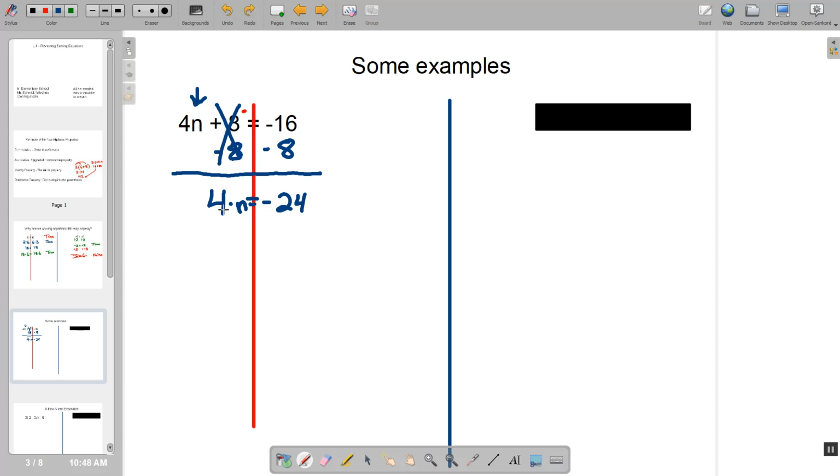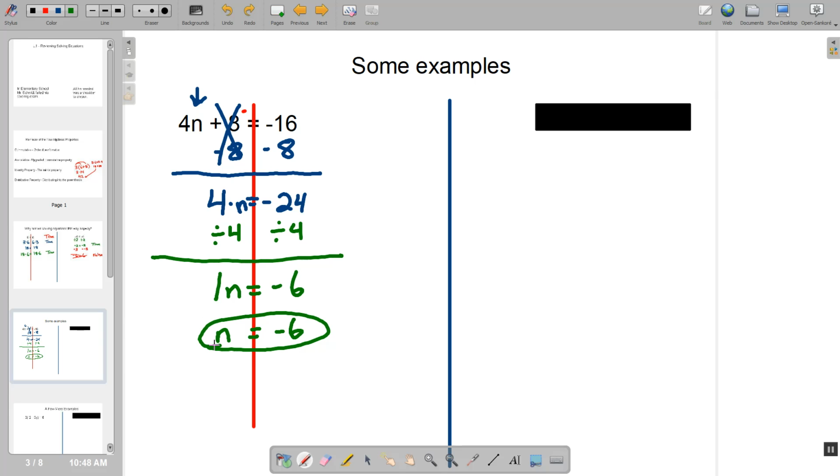I think 4 times n, the opposite of multiplying by 4, is dividing both sides by 4. Now there's 2 ways to write this. I can do 4 divided by 4 is 1n, or I could write just regular n, because 1n and n are the same thing. Then I do -24 divided by 4, which is -6. So n equals -6 as my answer.